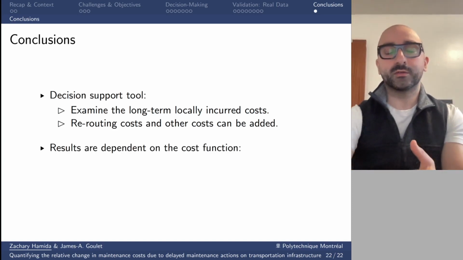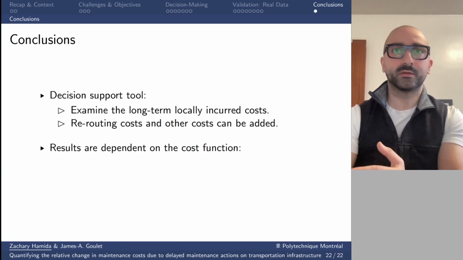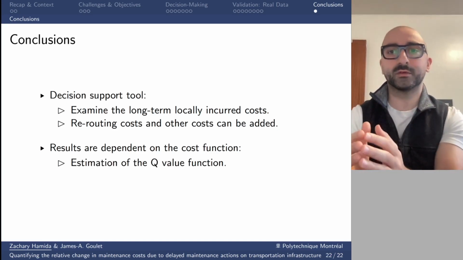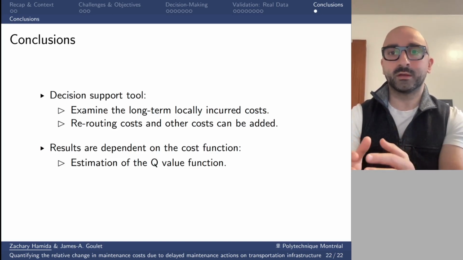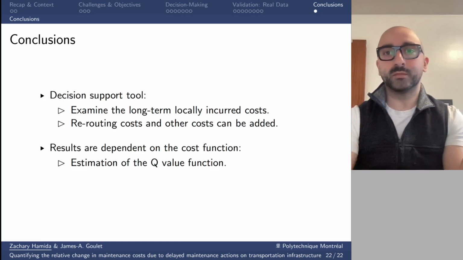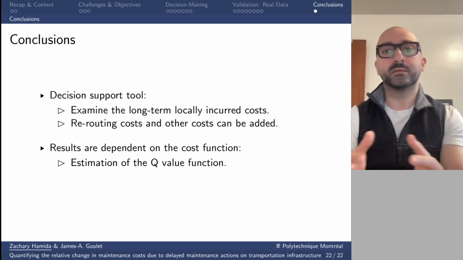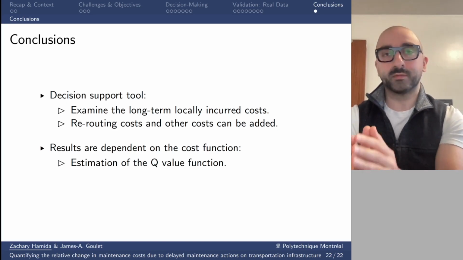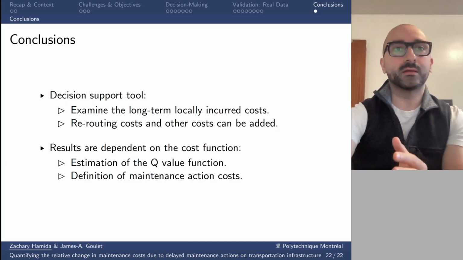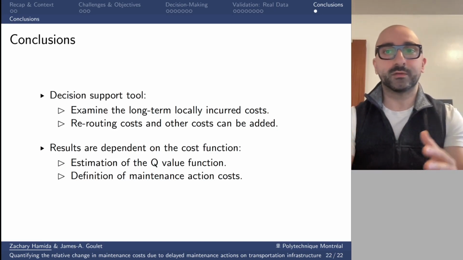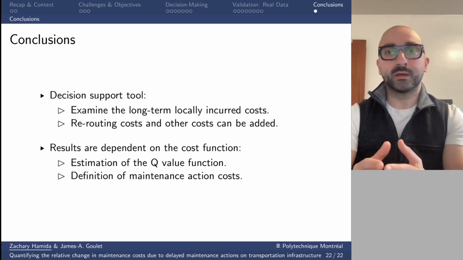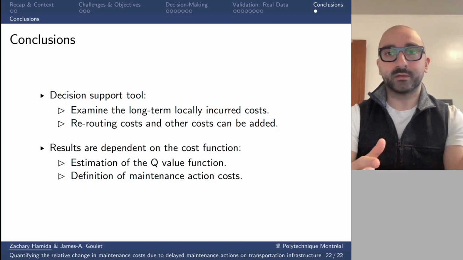The other part is to emphasize that these results are really dependent on the cost function. We have to make sure that our estimation of the Q value function, which is estimated using deep RL, is correct, and that our definition of maintenance costs is accurate.